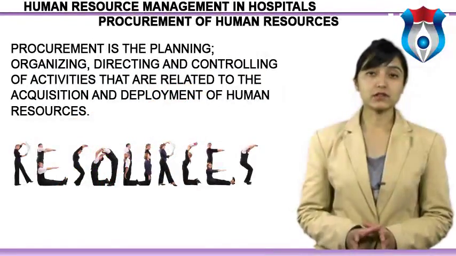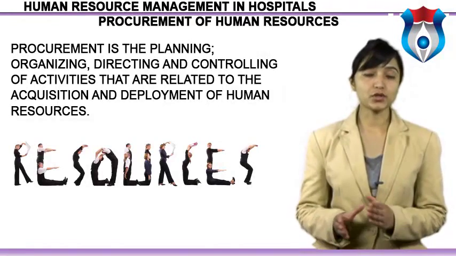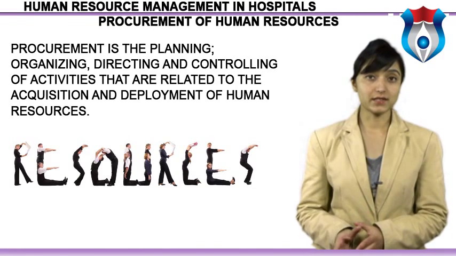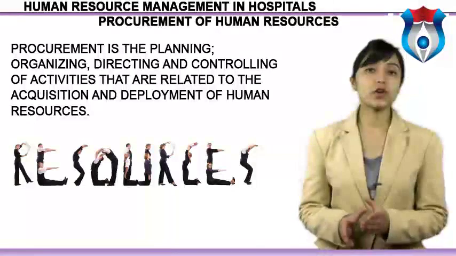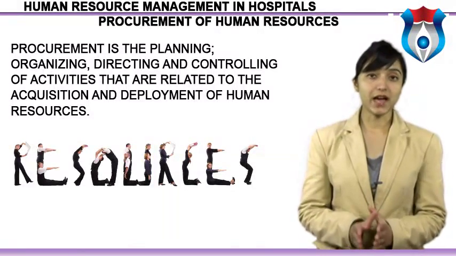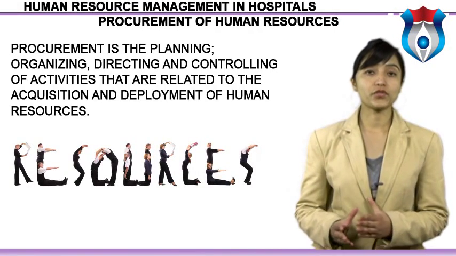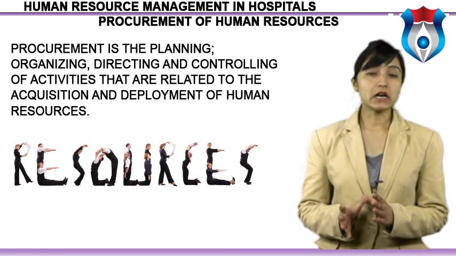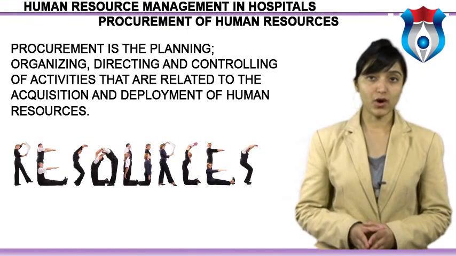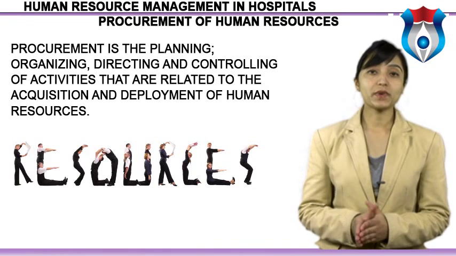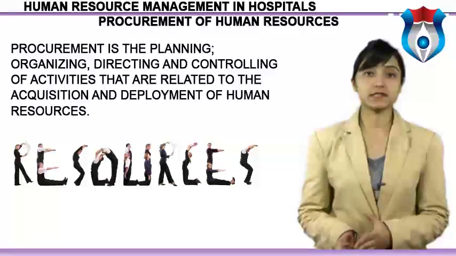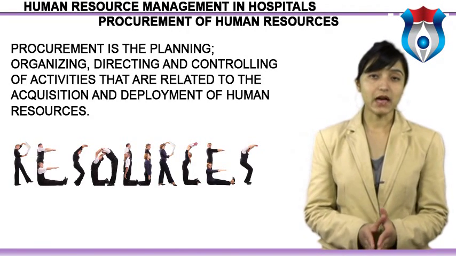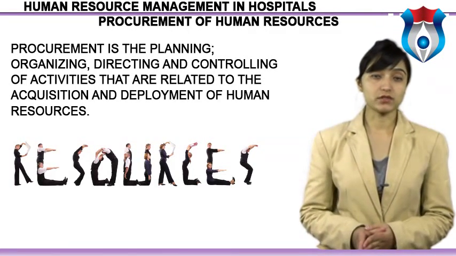Let us now discuss another topic, procurement of human resources. Procurement is the planning, organizing, directing and controlling of activities that are related to the acquisition and deployment of human resources. The activities of the HR functionary under the procurement subsystem are: first, job analysis, which includes designing job descriptions, making job specifications and making personal specifications.